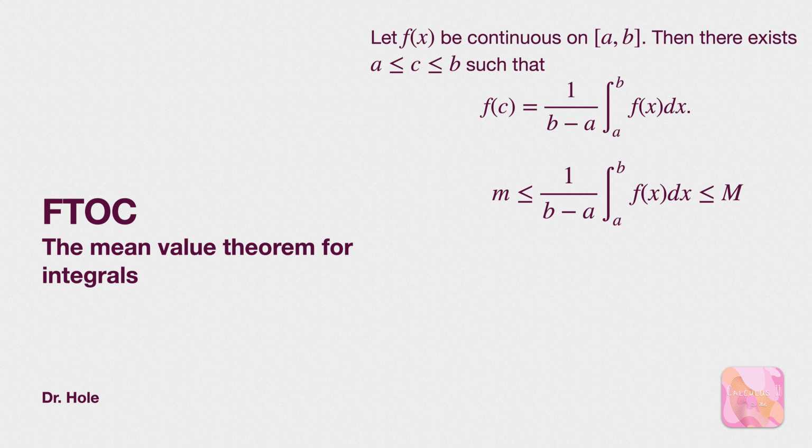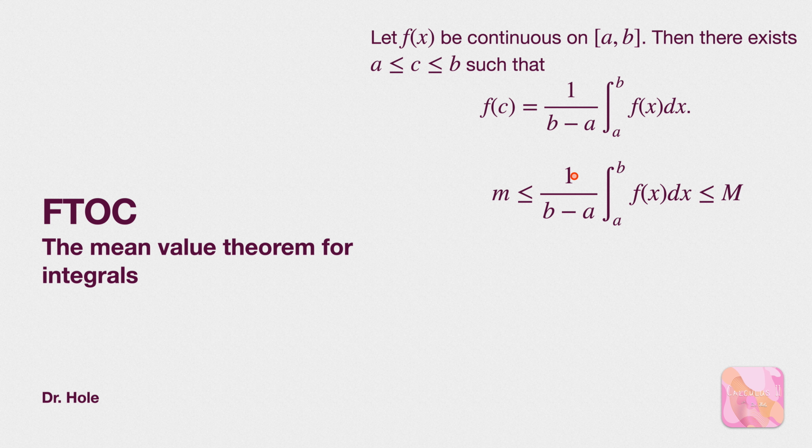Back to the proof of the mean value theorem for integrals. We use the extreme value theorem to find that the continuous function over closed interval AB has a minimum value and a maximum value. We then use the comparison theorem from the previous section 1.2 to produce this inequality involving the integral of f.